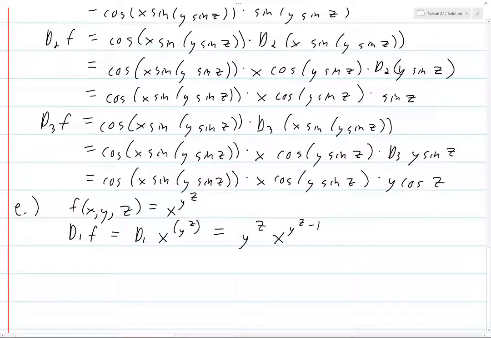How about d2 of f? So we've got x to the power of y to the power of z. So we have x, when we take the derivative, well, we've got x raised to a function of y. So we do need to use the chain rule here. So x raised to a function of y, so we're going to start with pretending that that function of y is just a thing. So we take x to the y to the z log of x, because that's what we would do if it was just x raised to the power of y.